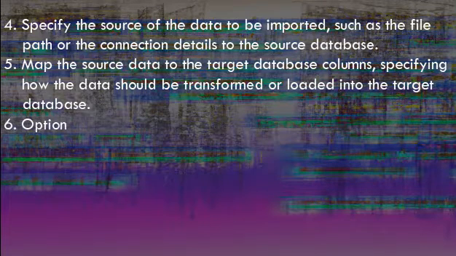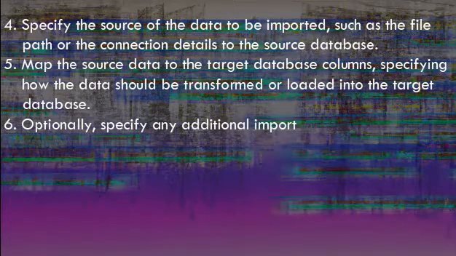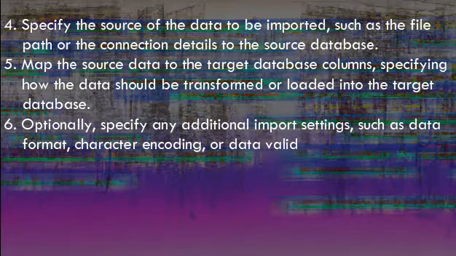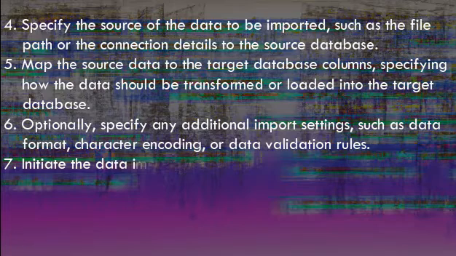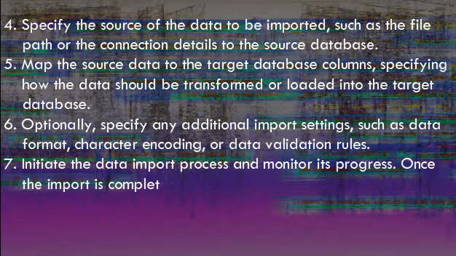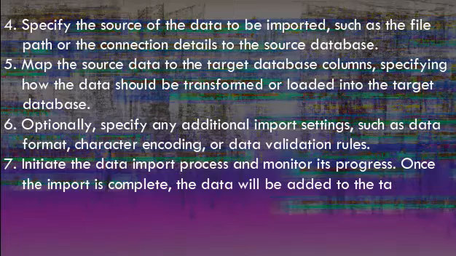6. Optionally, specify any additional import settings, such as data format, character encoding, or data validation rules. 7. Initiate the data import process and monitor its progress. Once the import is complete, the data will be added to the target database. Exporting data. 1.